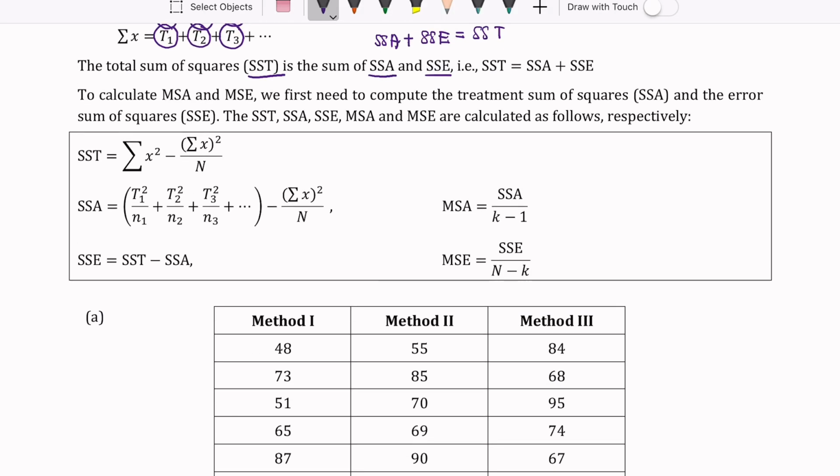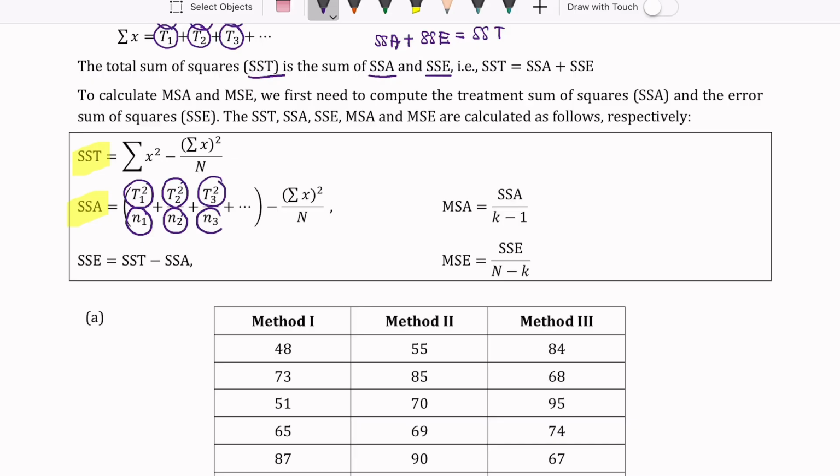SST. I'm sure you are familiar with the formula of SST. SST is given by summation of x square minus summation of x, and then we take the square, divided by capital N. Treatment sum of square SSA is given by total of scores of group 1 square divided by sample size of group 1, plus total of scores of group 2 square divided by sample size of group 2, and total of scores of group 3 square divided by sample size of group 3.